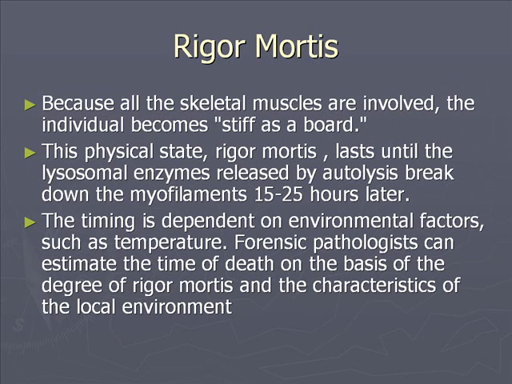It lasts until the lysosomal enzymes that are released in the cells will begin to cause autolysis, and then will break down some of the muscle filaments or fibers. And usually that process takes about 15 to 25 hours, depending on the circumstances. Now, environmental factors can affect the breakdown of cells. And remember, lysosomes are in cells.